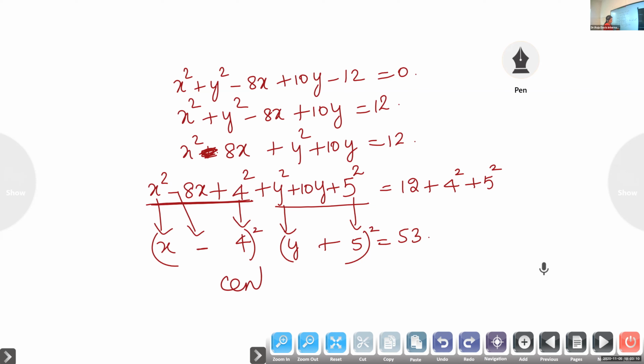What's the radius here? Center, and what's the radius? So, center is 4 and minus 5. And what is the radius?